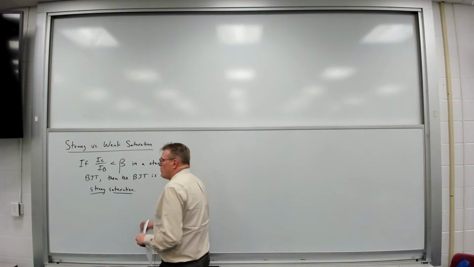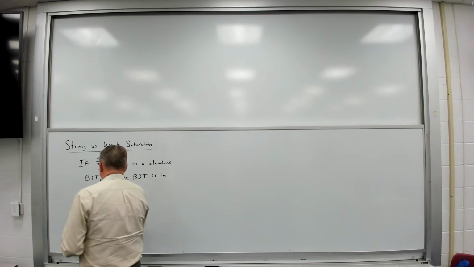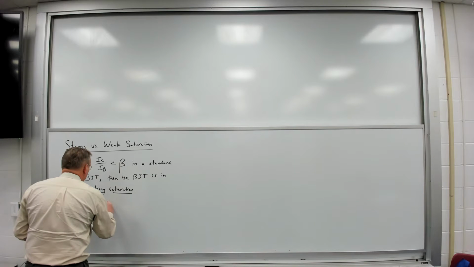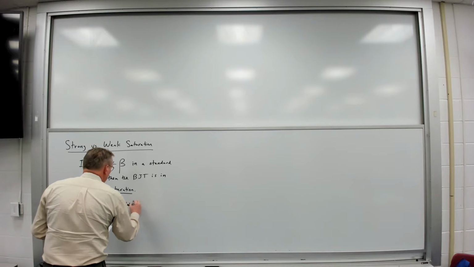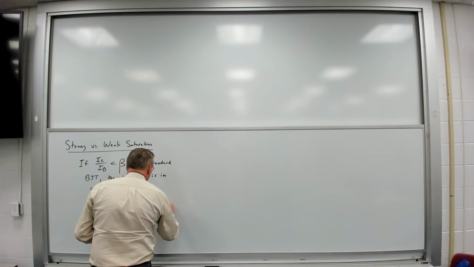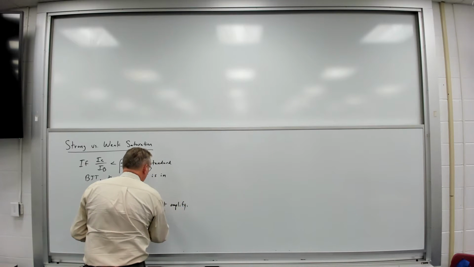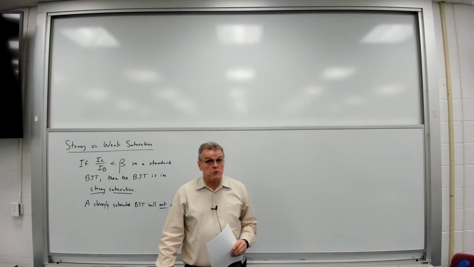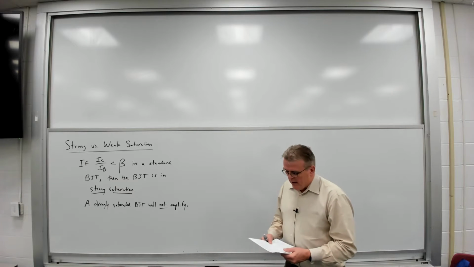And a strongly saturated BJT will not amplify. So in effect, a saturated bipolar junction transistor is really useless to us as an amplifying device.